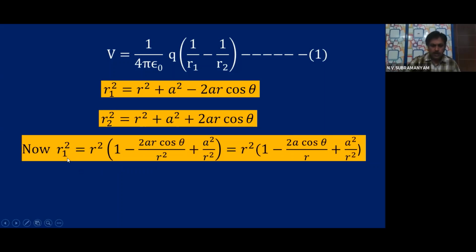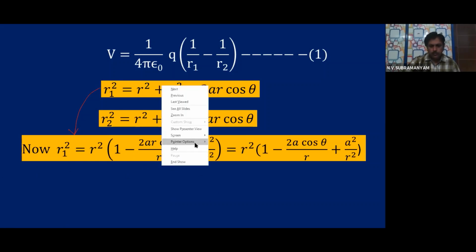Let the graphic come up. Let's see. R1 square, this equation again I am taking. R1 square is equal to R square plus A square minus 2AR cos theta. Right or not? So, R1 square is equal to R square plus A square minus 2AR cos theta.